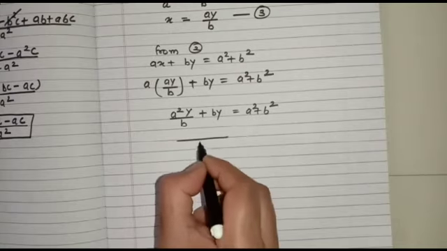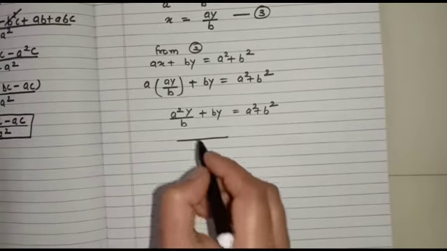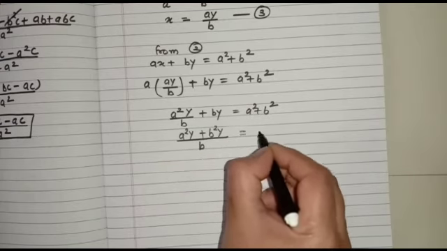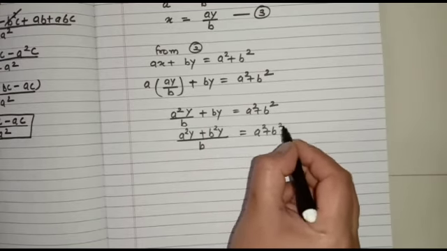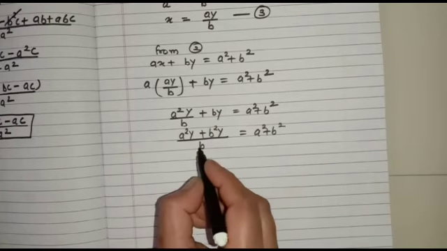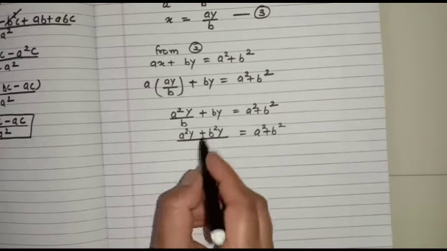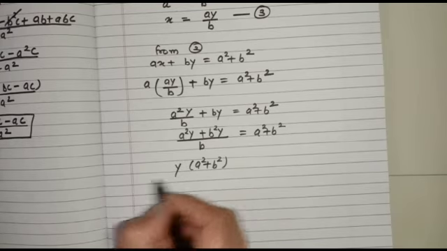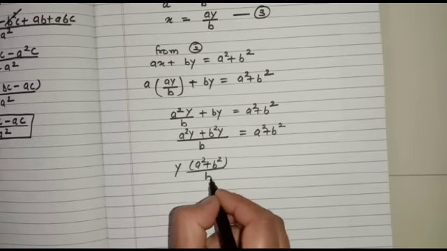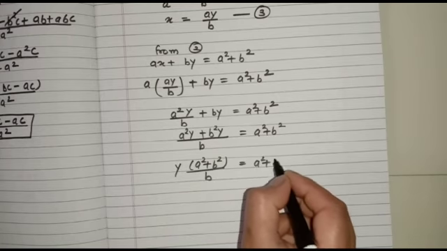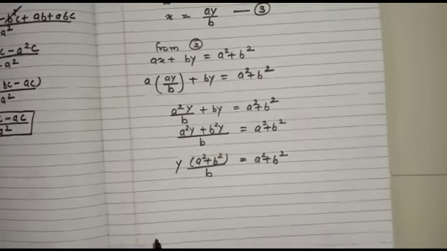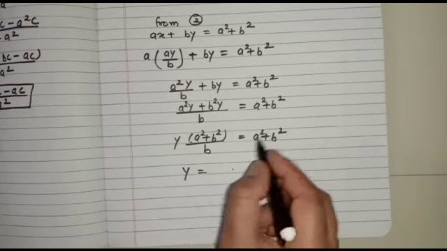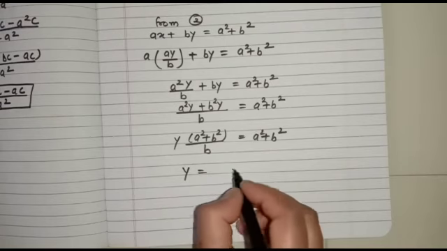For simplifying this, we will take LCM. A square y plus b square y equals a square plus b square. Now as you can see here, we will take y as common. We will write the remaining terms in the bracket, a square plus b square. Student, here y will be, now we will cross multiply because we have to find the value of y.